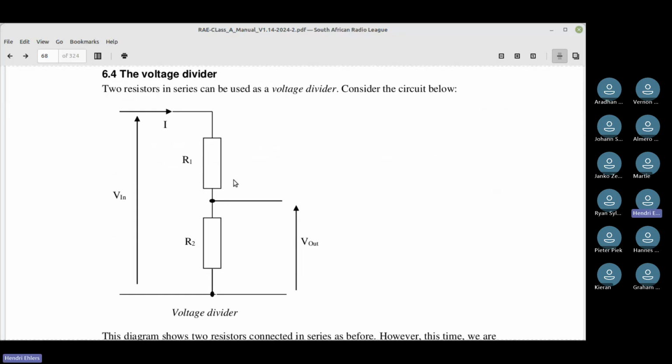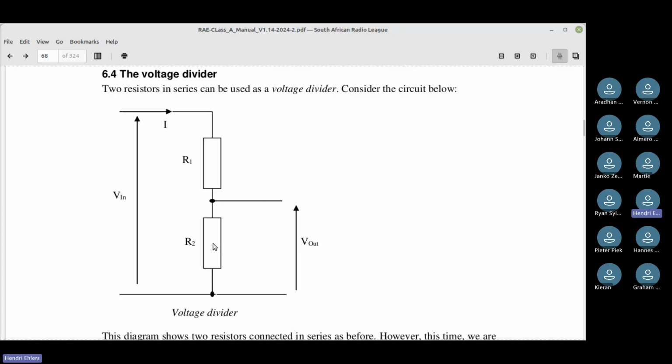Now, a voltage divider basically consists of two resistors of either equal value or different values, depending on the application. If these two resistors are exactly the same, this would be exactly half the voltage that you put in. So if you put 12 volts in, the voltage divider will divide it into 2, and it will be 6 volts.